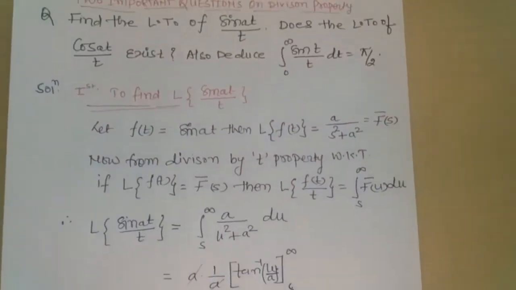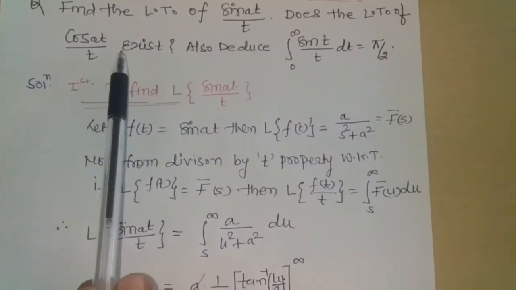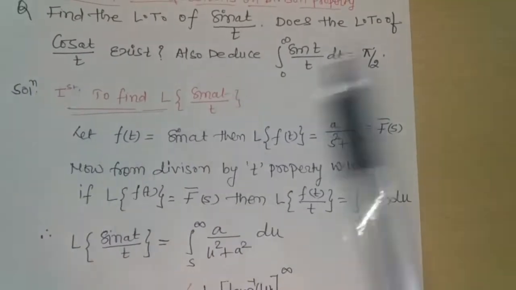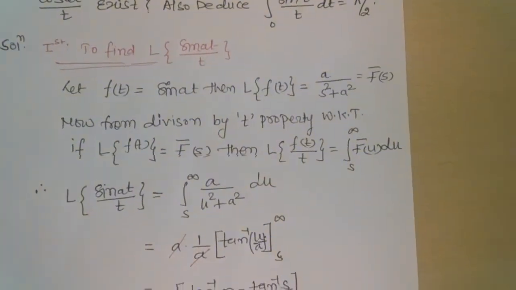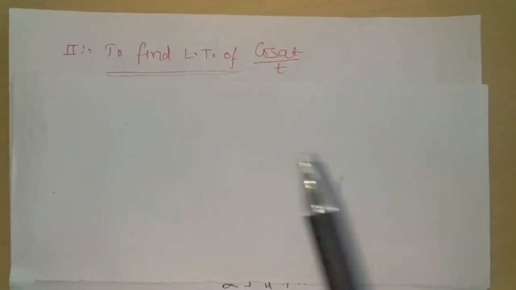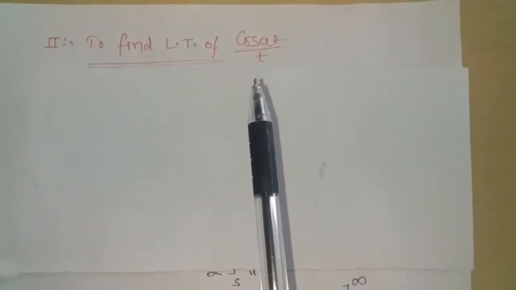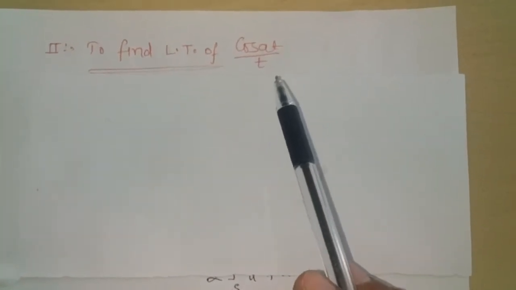Now in the second part we are going to find the Laplace transform of cos at by t, and we find whether the Laplace transform of cos at by t exists or not. So the second part is to find the Laplace transform of cos at by t. Here the function cos at is divided by t.